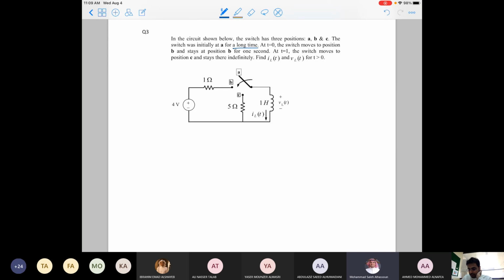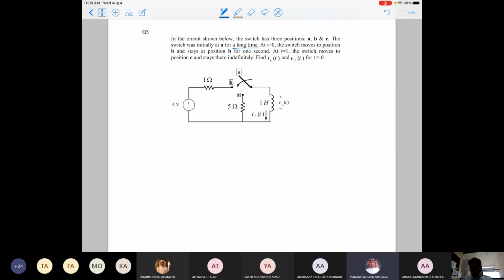Then at t equals 0, the switch moves to position B and stays there for 1 second. Then at t equals 1 second, the switch moves to position C and stays there indefinitely. We are asked to find the current and the voltage across the inductor.